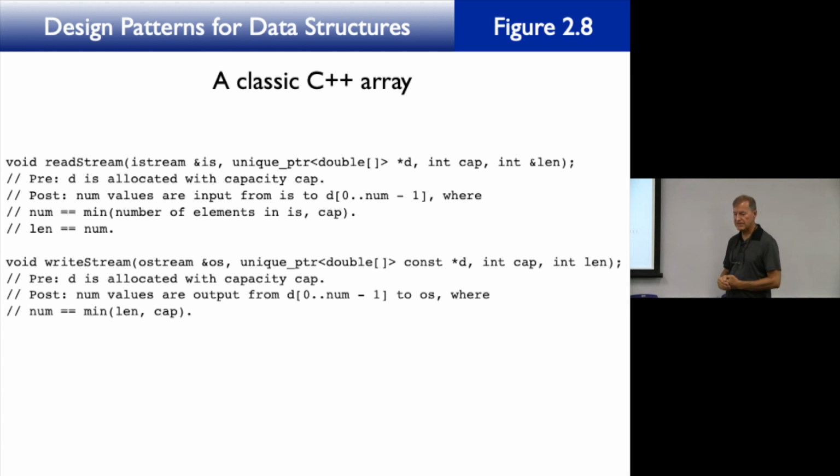The project is called Array Classic. Basically, readStream takes information from an input stream and reads it into an array, and WriteStream takes information from the array and streams it to the output device. The key thing here is the concept of capacity, which we're going to abbreviate CAP. So CAP means the capacity of the array.